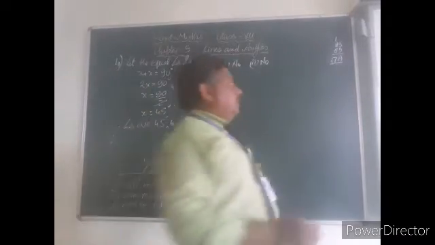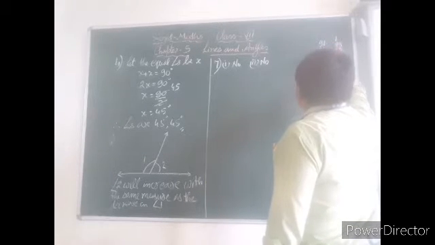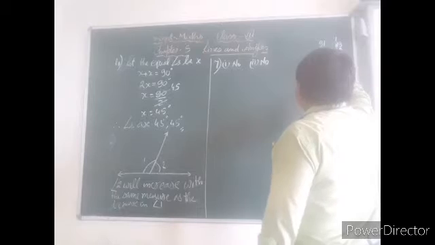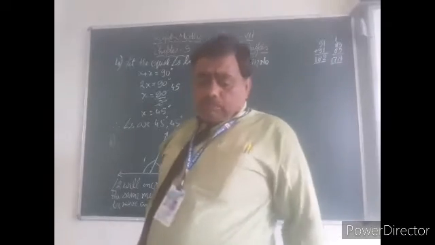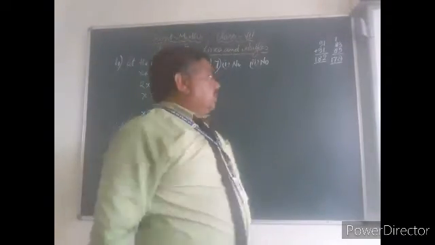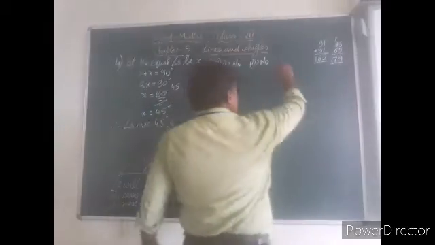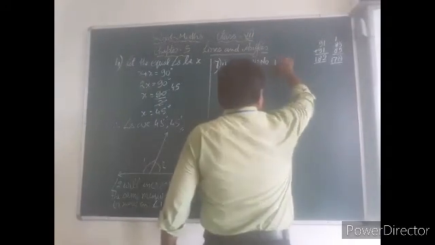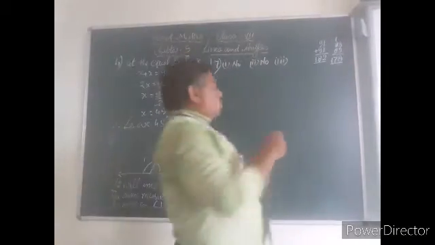So 91 degree. 91 plus 91. 1 plus 1, 2, 9 plus 9, 18. 182 degree. So it is greater than 180. Therefore, no. Third one, two right angles. 90 plus 90, 180. So yes.